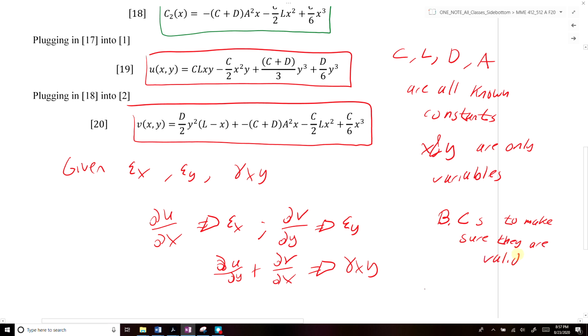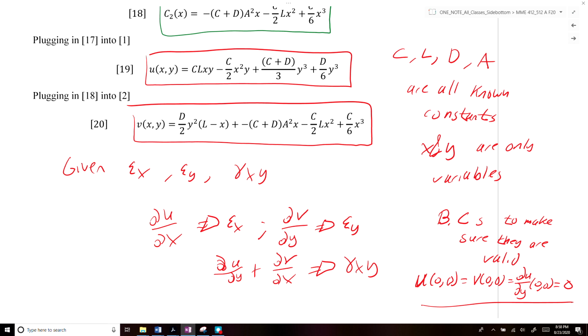So in this case, you had u of 0, 0 was equal to v of 0, 0 was equal to du dy of 0, 0 is all equal to 0. So if you plug in, all of those should also verify that the boundary conditions are correct. All right. If they don't work, then you made a mistake somewhere in your integration, and you should go back and check your math. All right.